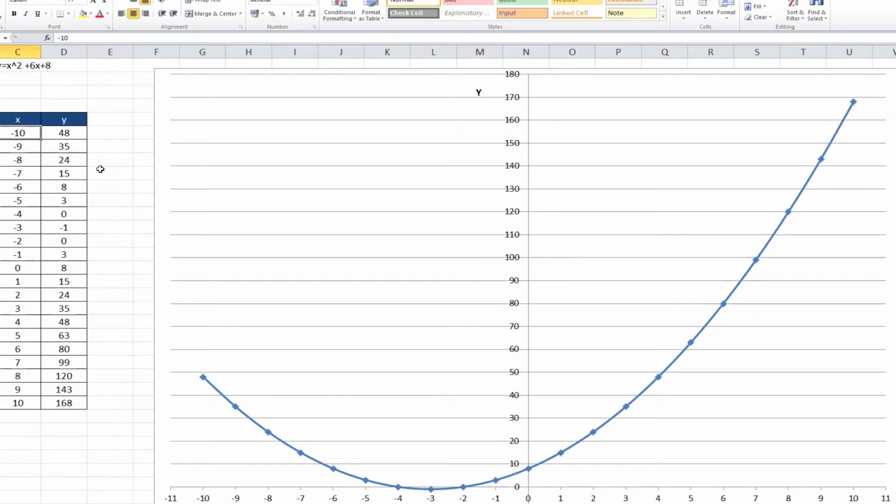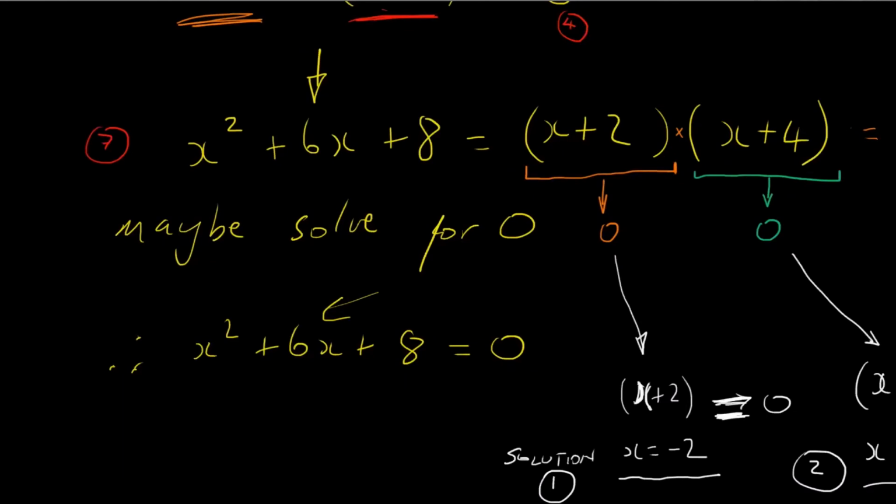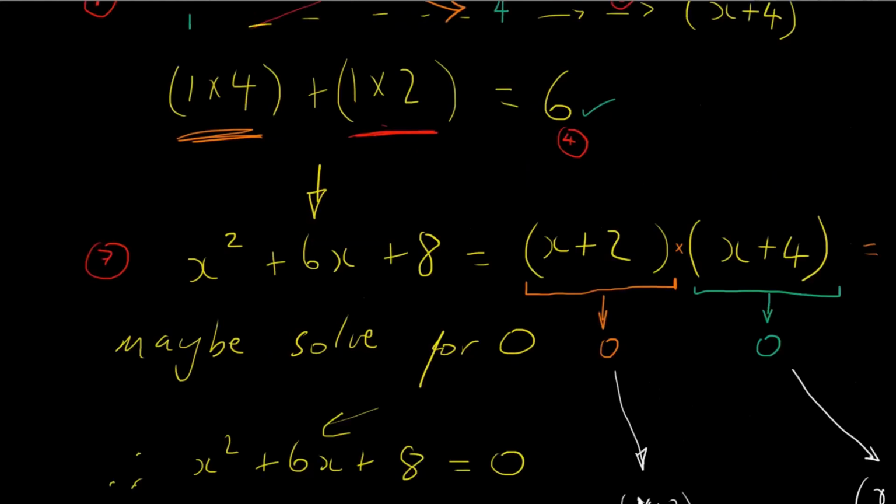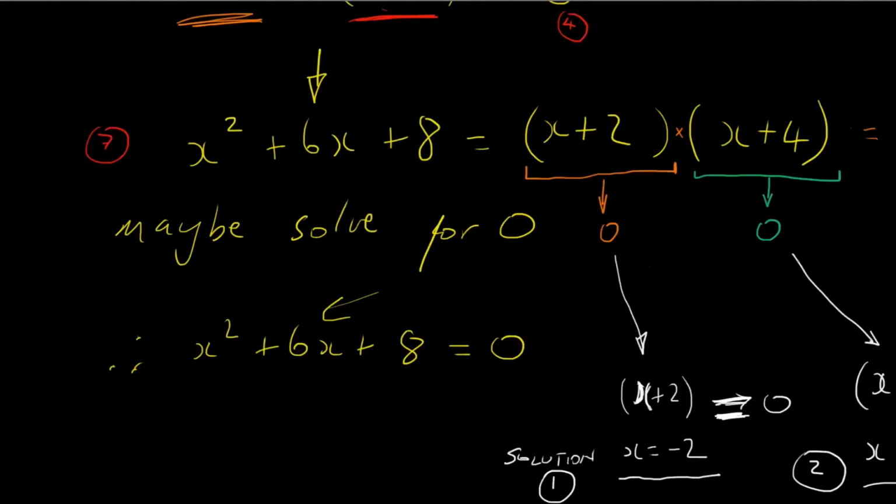So all I've done is I've just rearranged this equation, and because I'm going to plot it, I'm just going to call it y equals x squared plus 6x plus 8.